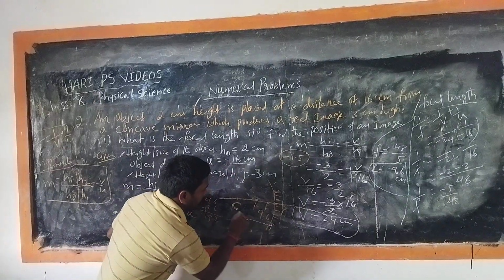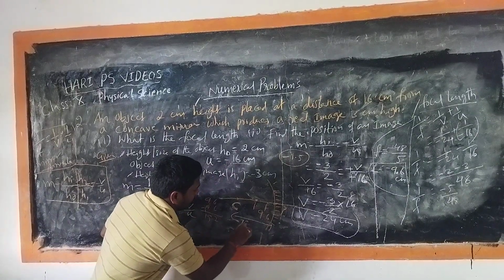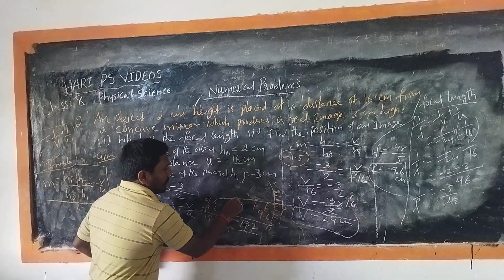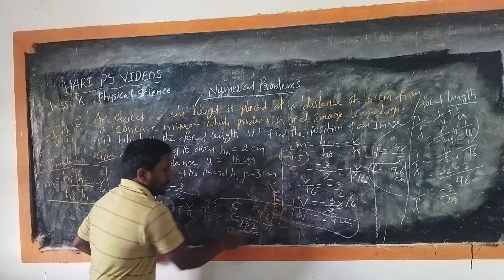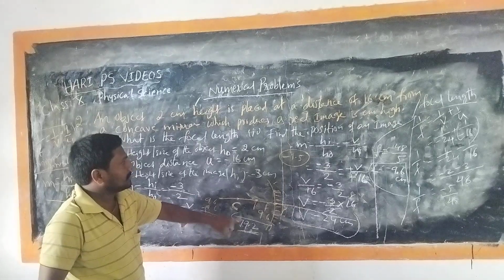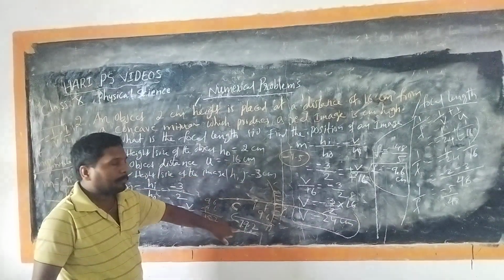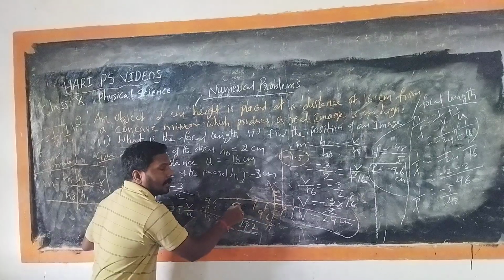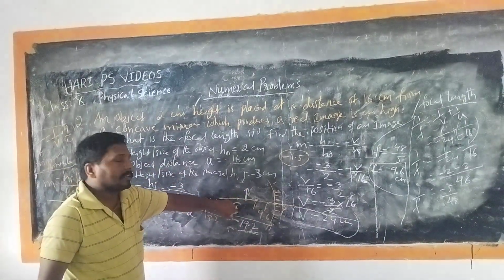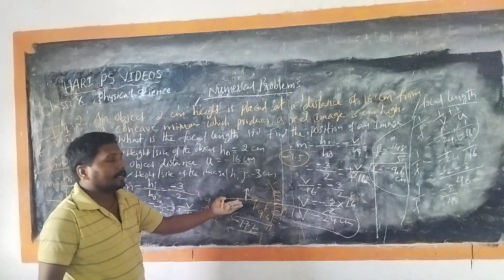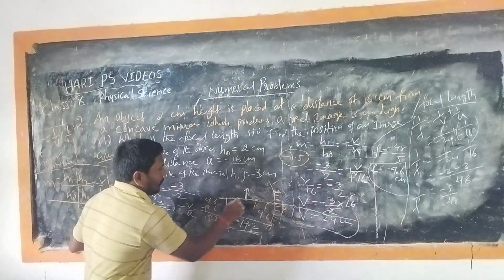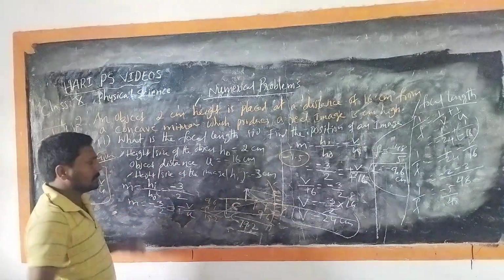So from here to here how much? 19.2, the radius of curvature. The center of curvature to pole distance is 19.2. The object at 16 centimeters is in between the focus and the center of curvature. So where is the image formed? Behind the center of curvature.